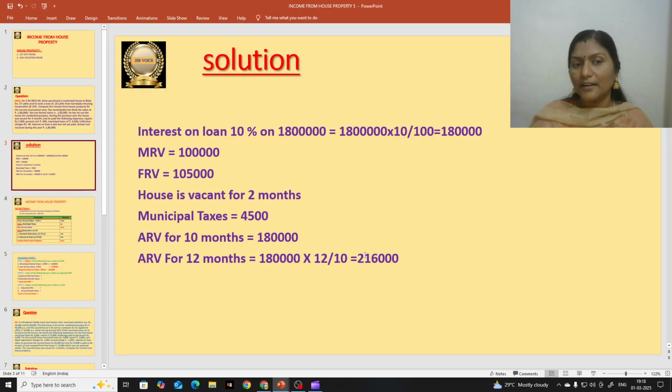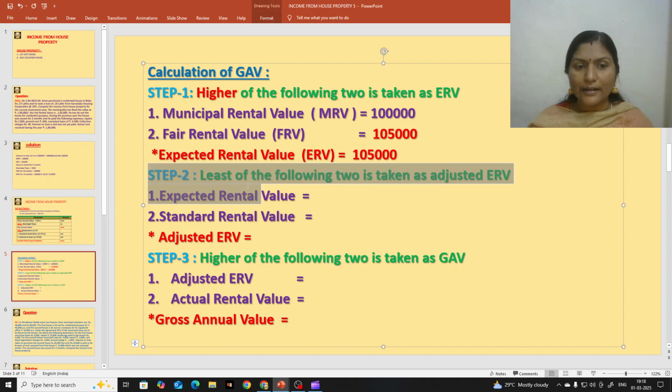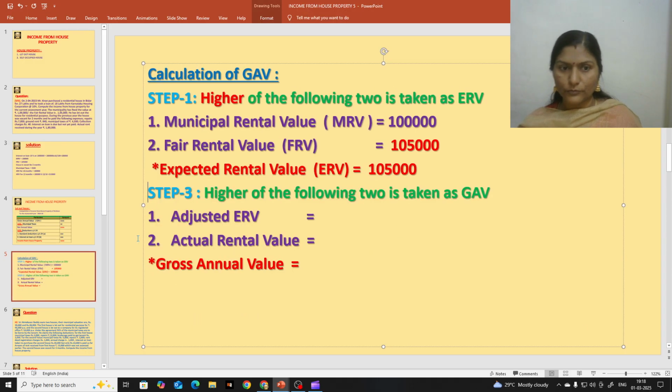We discussed the question and took all the information here, but we don't have standard rental value in the question. So if we don't have standard rental value in the question, then step 2 is not required. After step 1 we can go to step 3. Now I am going to delete step 2. Now we have directly jumped into step 3.